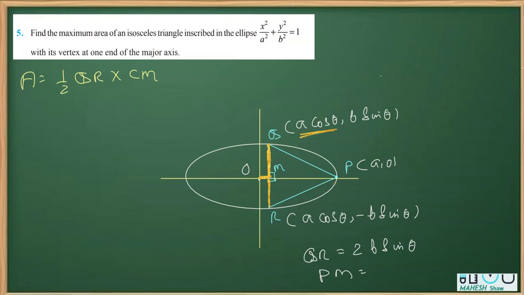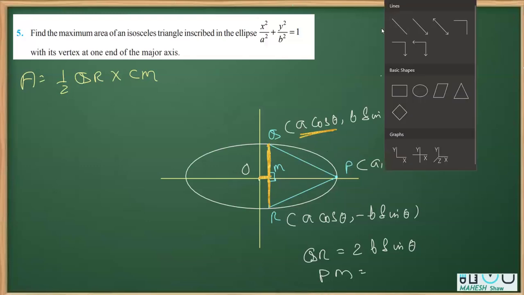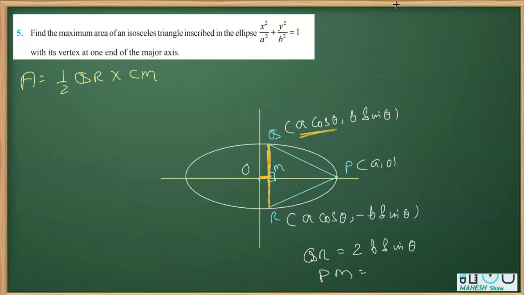So once again, we're talking about this length, PM. PM can be obtained as OP minus OM. What is OP?